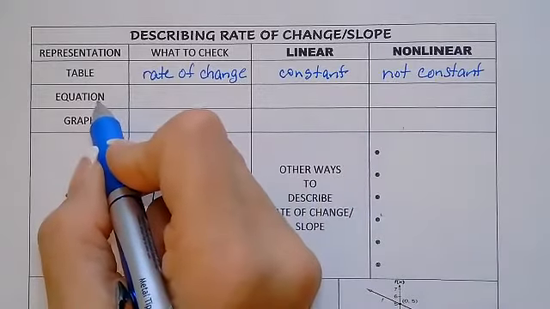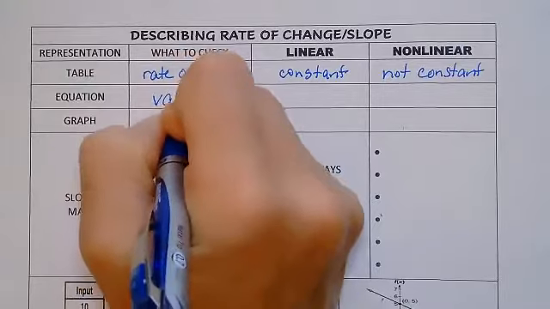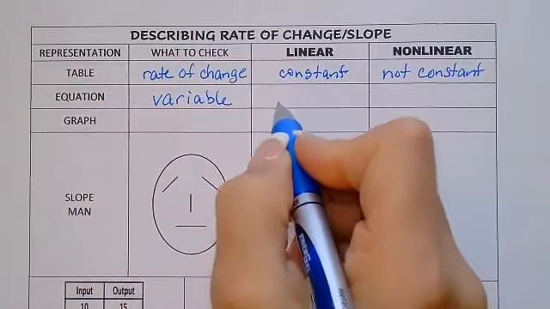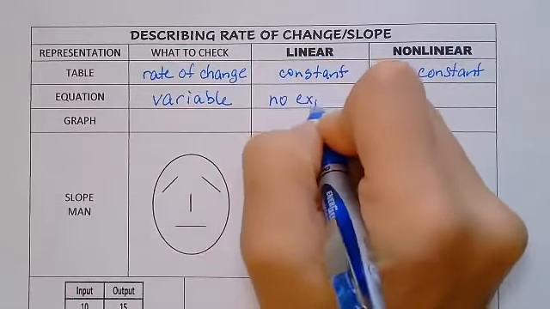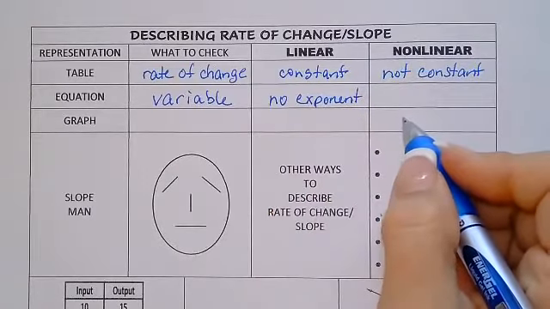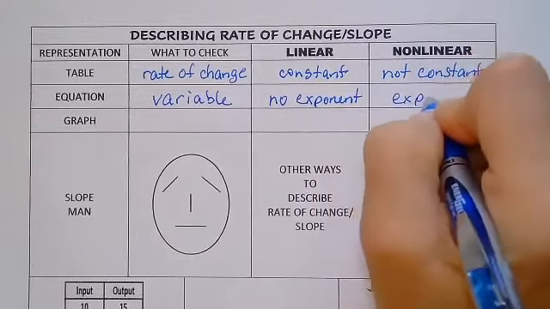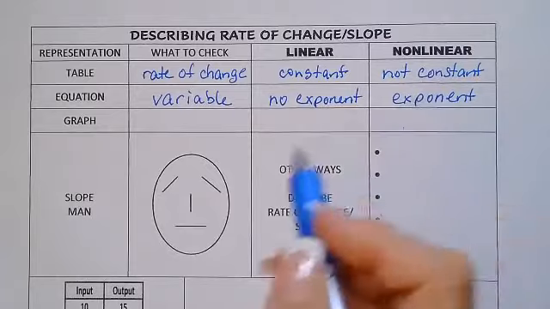When we looked at our two equations, we looked at the variable. If there was no exponent, we ended up with a linear graph, a linear function. If there was an exponent, then it was nonlinear.